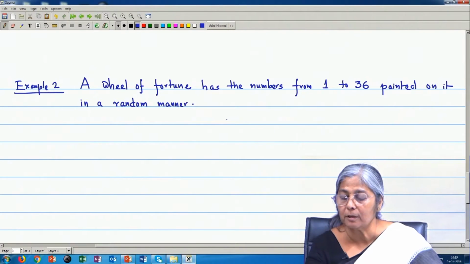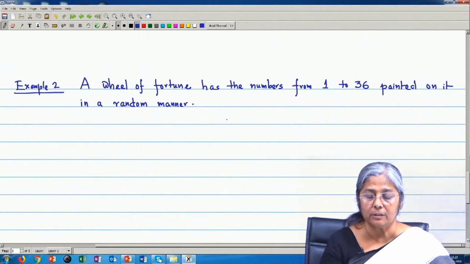A wheel of fortune has the numbers from 1 to 36 painted on it in a random manner.